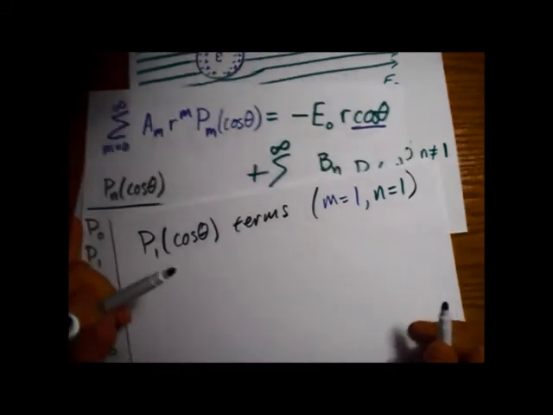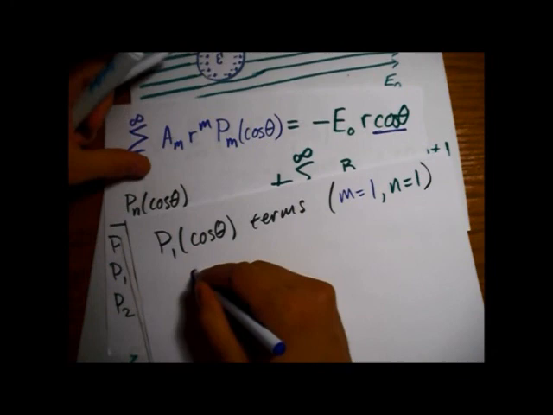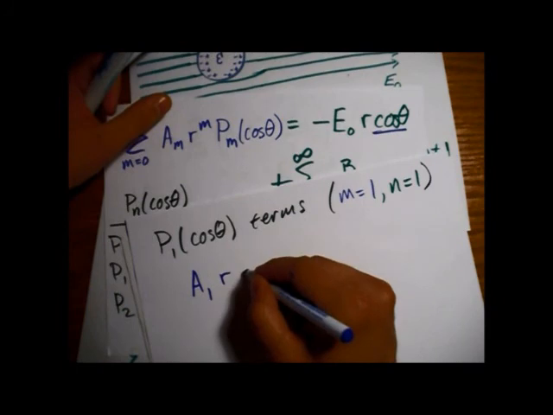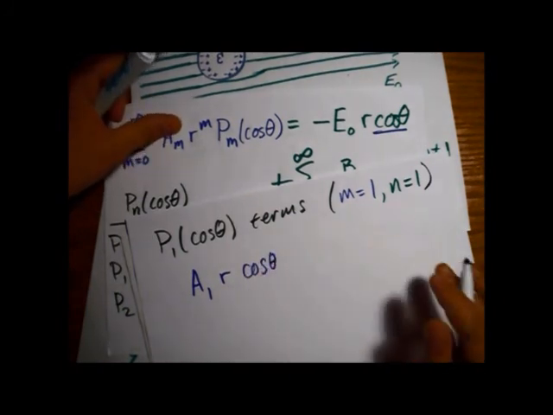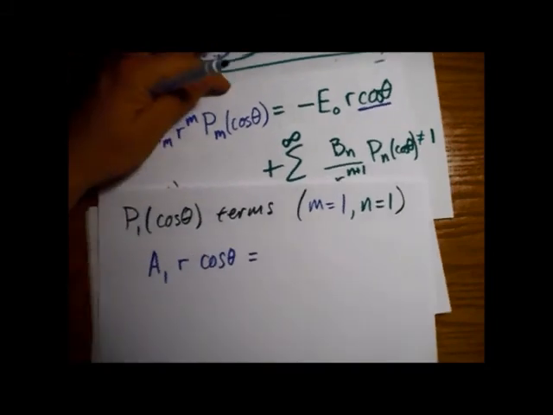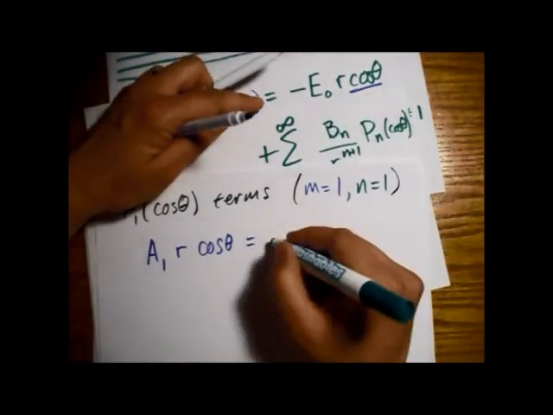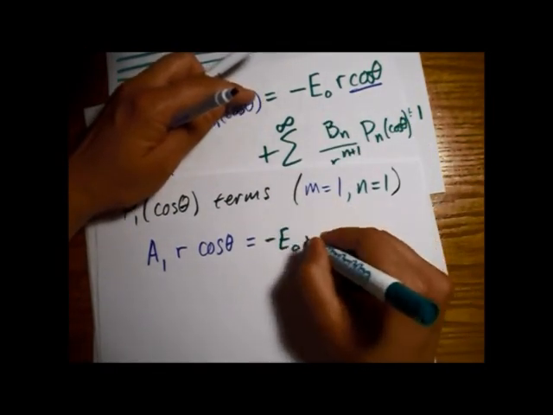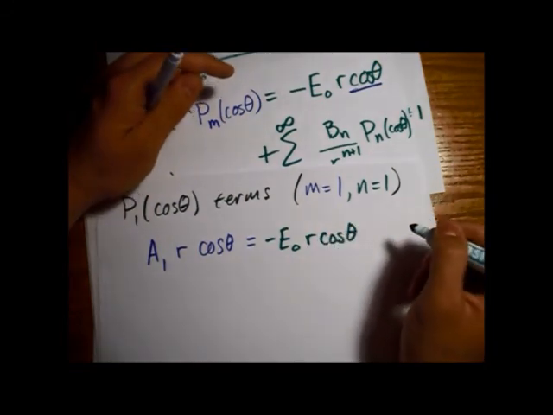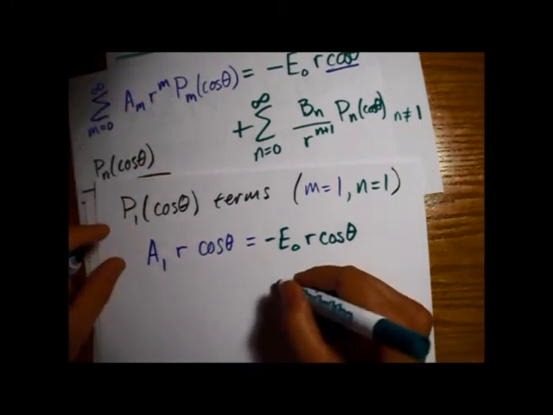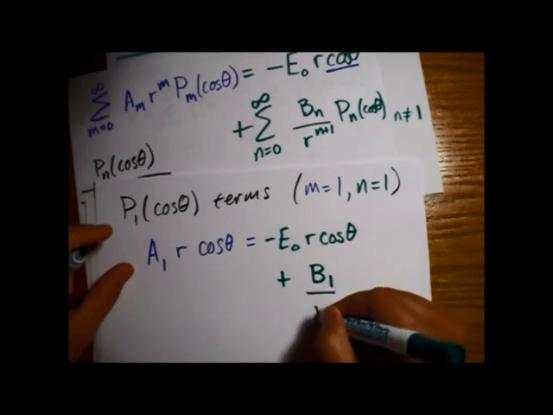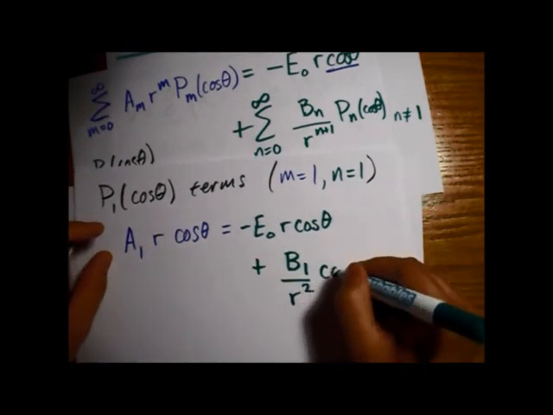So for this left-hand side here, we are going to get an a1, so m is equal to 1, a1 times r times cosine of theta. And on the right-hand side, what do we get? We get this term up here, minus E naught r cosine of theta, plus b1 over r squared cosine of theta.